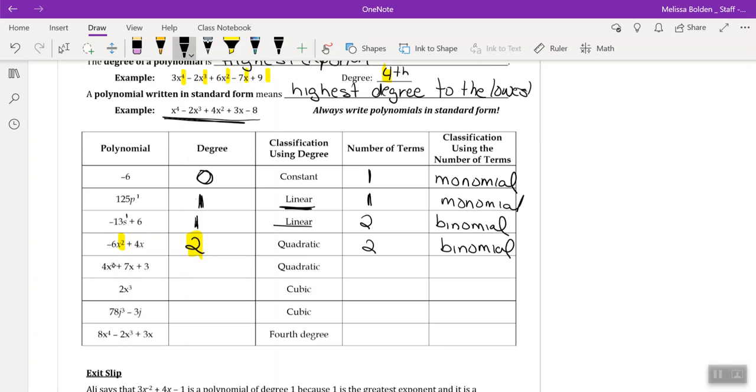Okay, so here again, our highest degree is 2, so it's quadratic. The number of terms is 3, so it is a trinomial. The highest degree here is 3, so we call this a cubic. And the number of terms is 1, so it's a monomial.